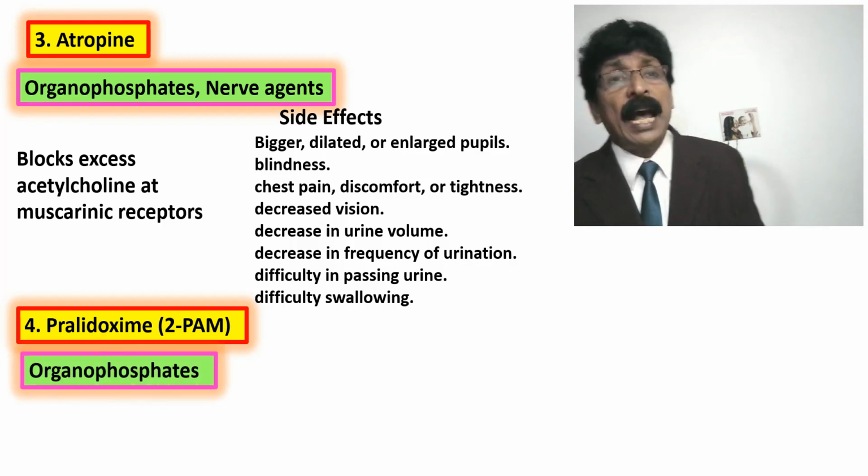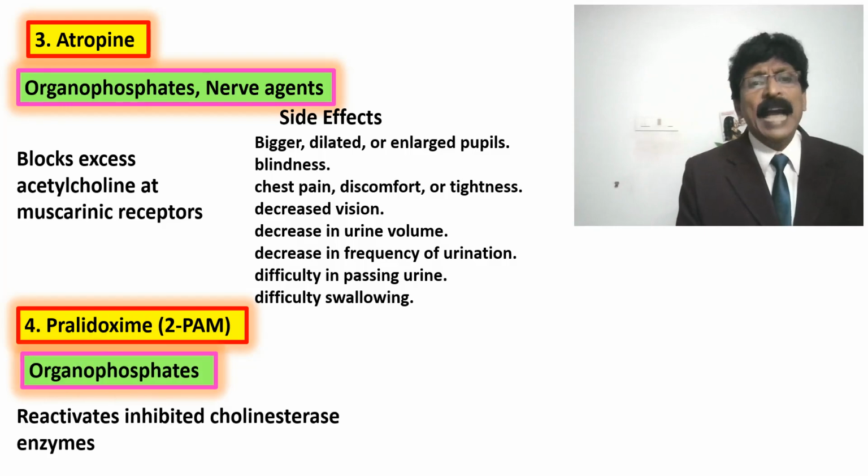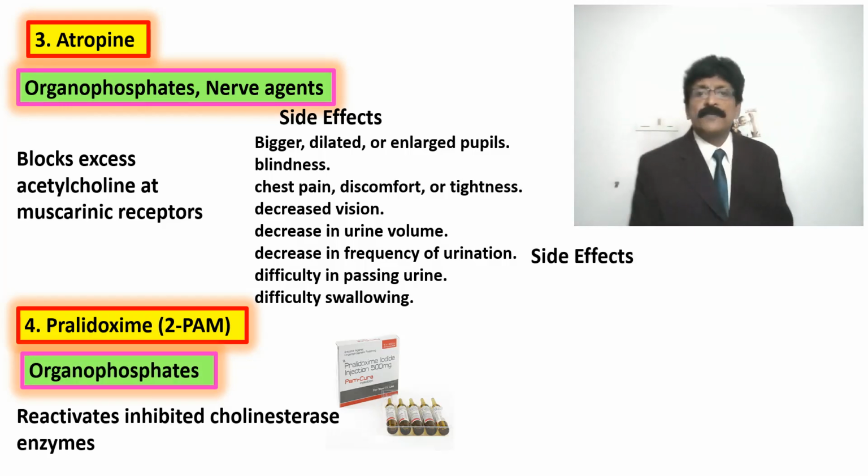And pralidoxime, 2-PAM, it's seen. It is an antidote for organophosphates. Reactivates inhibited cholinesterase enzymes. Ampules are available.